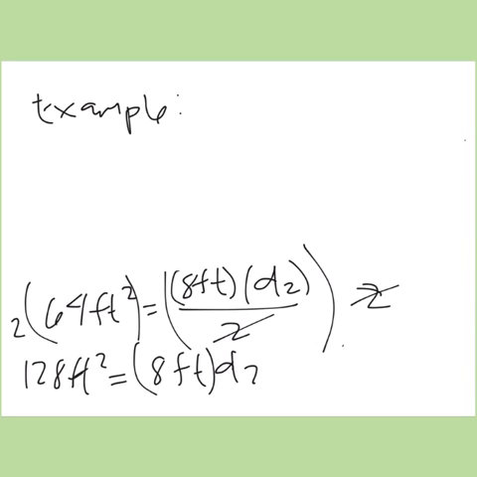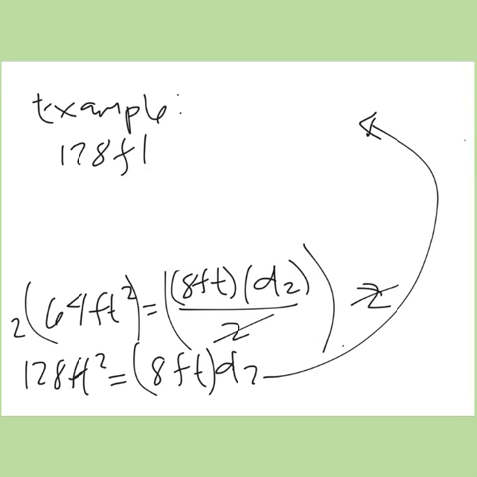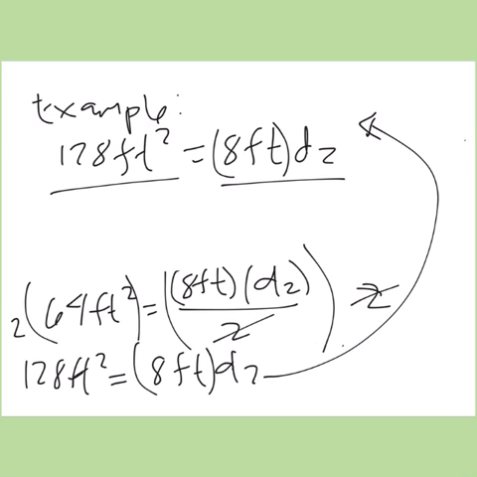And then let's proceed here. 128 feet squared equals 8 feet D sub 2. Divide both sides by 8 feet.